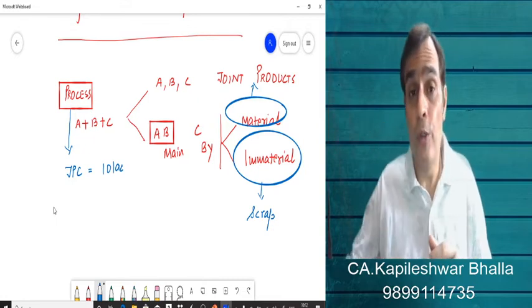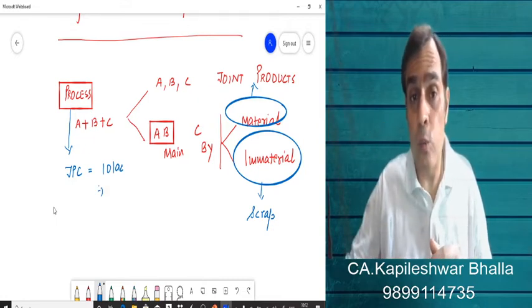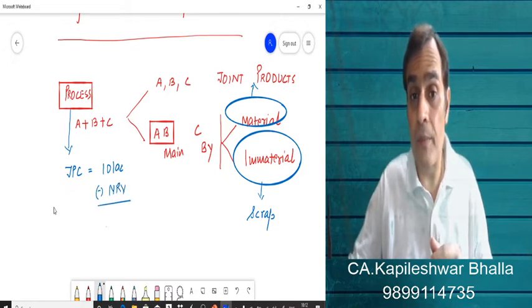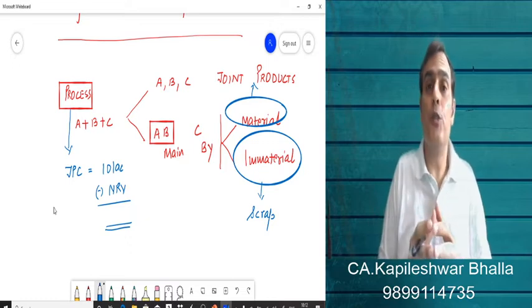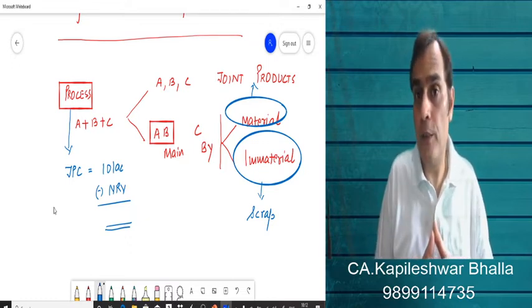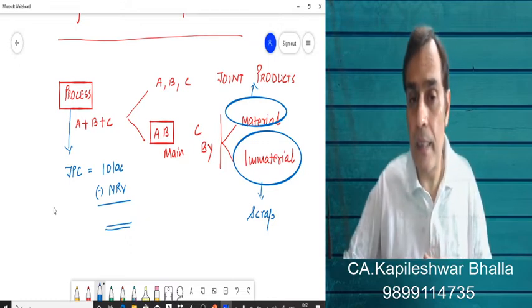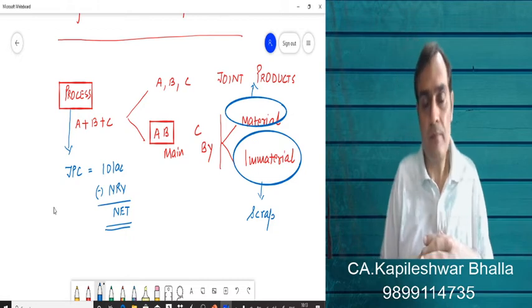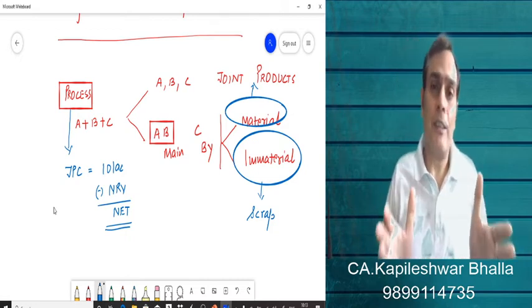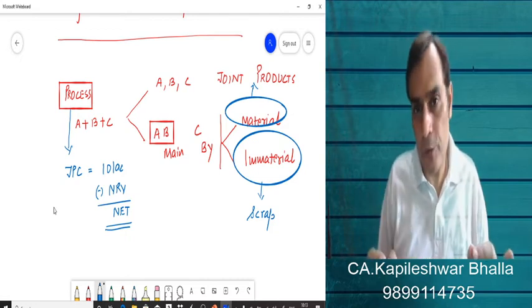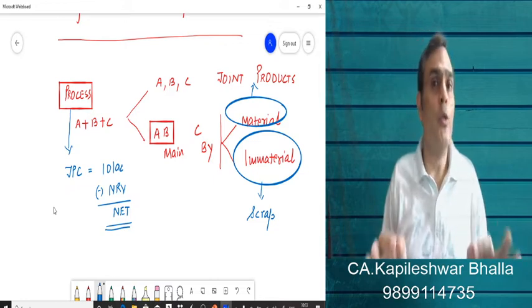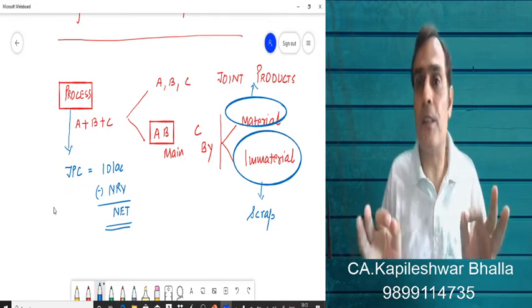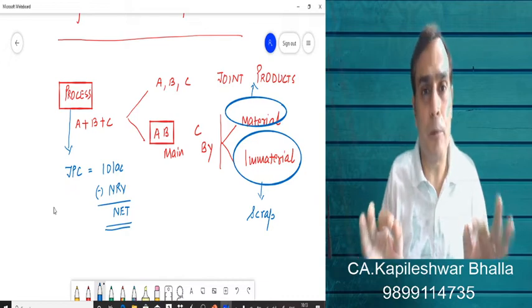So from this 10 lakh rupees, we used to reduce the net realizable value of C, and whatever is the net figure is allocated to A and B in the sales value ratio. So this is what I'm reminding you in terms of cost accounting, and trust me, Ind AS 2 talks of the same concept in terms of joint and byproduct.